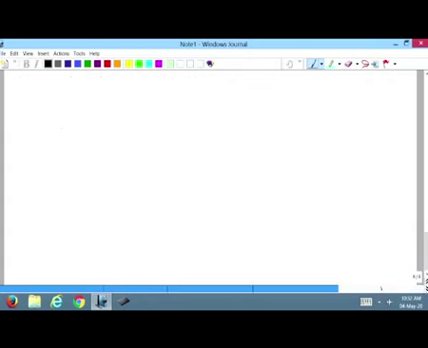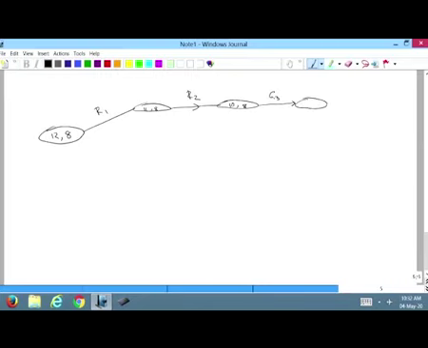Therefore, we have this situation 12, 8. After R1 we come to 11, 8. After R2 we come to 10, 8 and G3, then we will come to 10, 7.